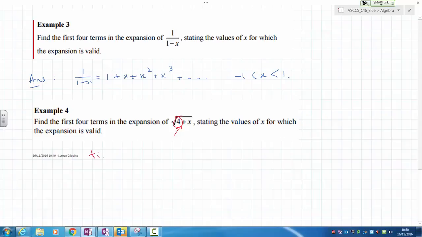So what we need to do with example 4 is, if you've got (a plus b) to the power of n, we can take out the a, and so we've got a to the n times (1 plus b over a) to the power of n. Using that result, we can rewrite the 4 plus x.